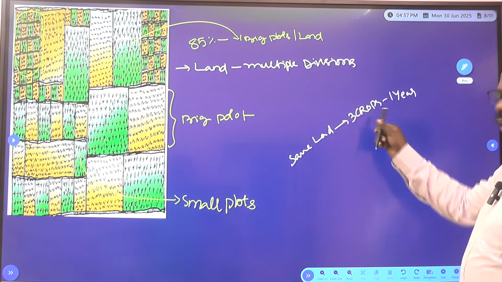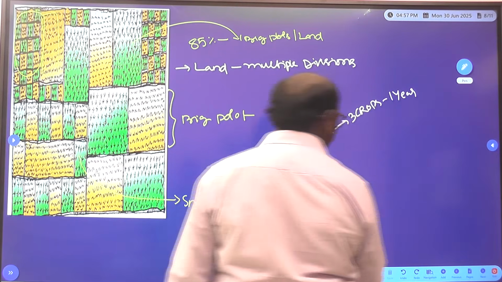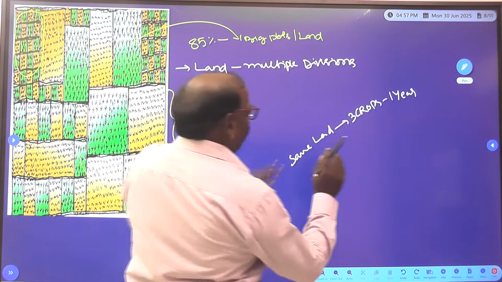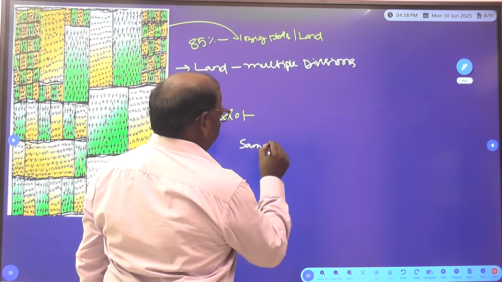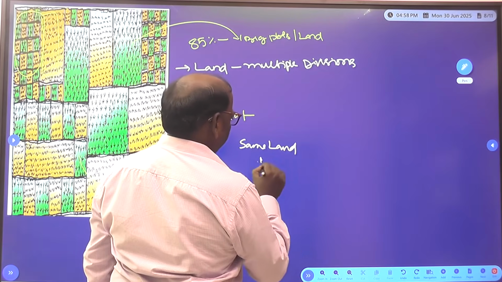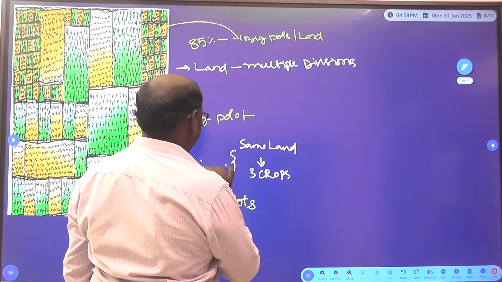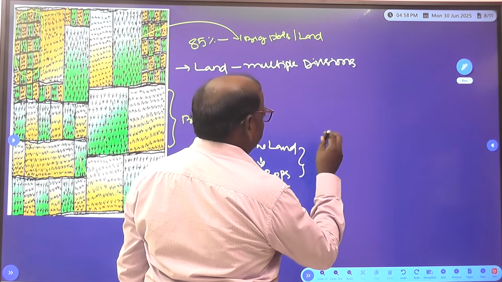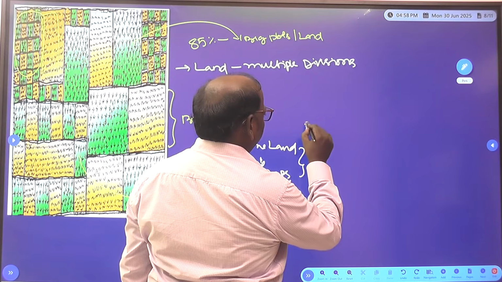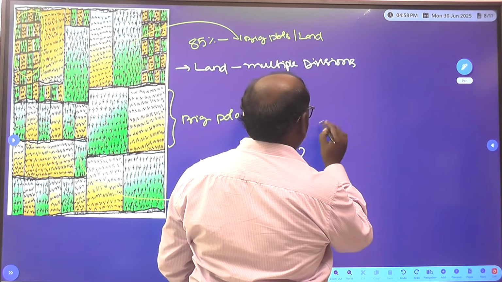If you are cultivating 3 crops in 1 year, obviously there will be some issues towards the land. Okay, see, I'm telling, the same land is having 3 crops per 1 year. If you check, obviously there will be some problems.